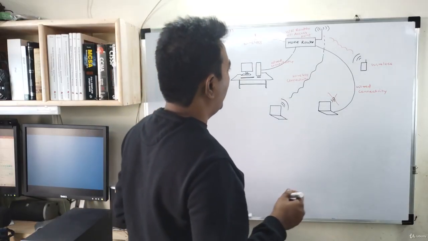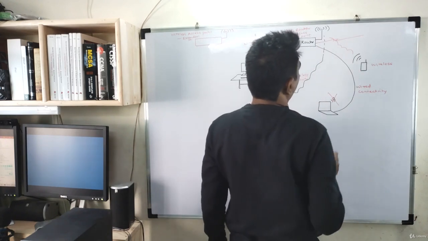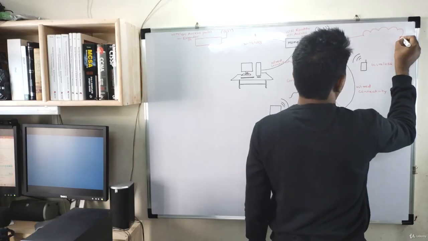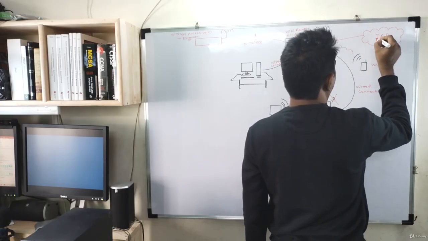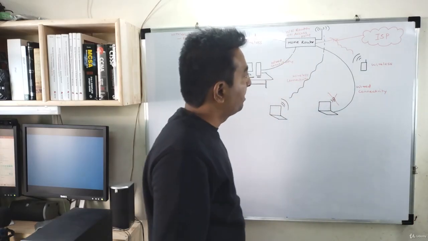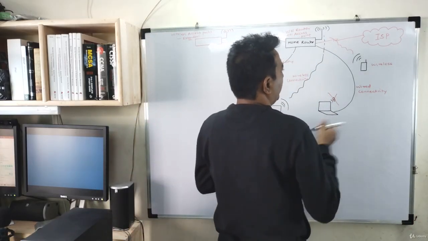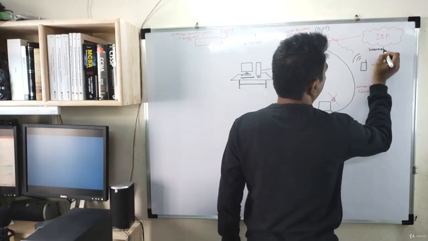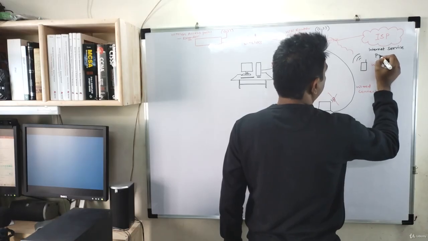Now for connecting it to the internet, the primary home router is connected to the ISP. So consider I have an ISP. ISP stands for Internet Service Provider.